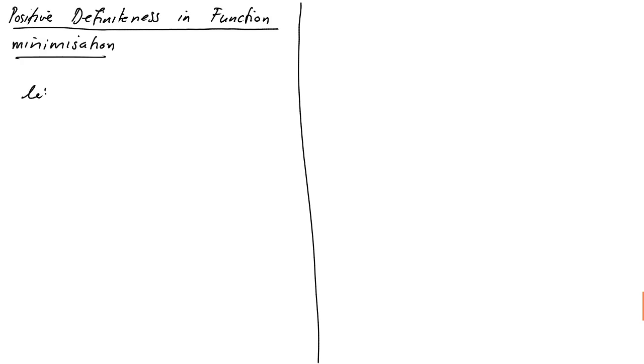So we'll let f be a function mapping R^m onto R, and f is smooth.